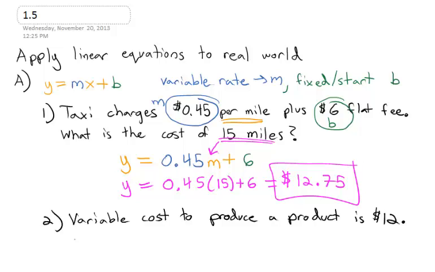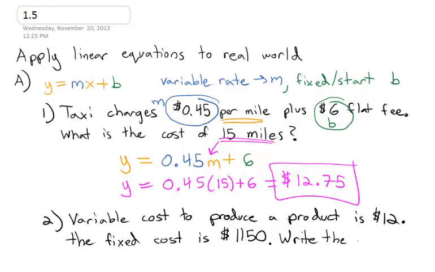There's also a fixed cost. And the fixed cost for all the machinery to make this product is $1,150. We are going to write the cost function.